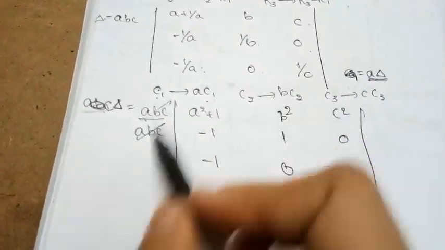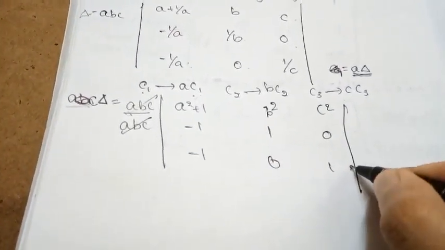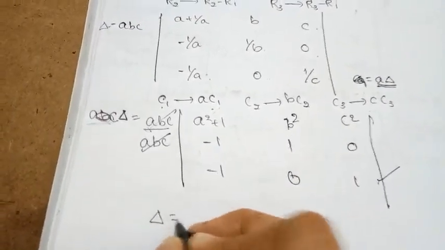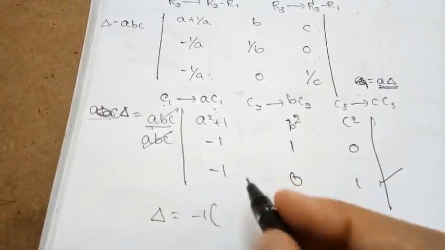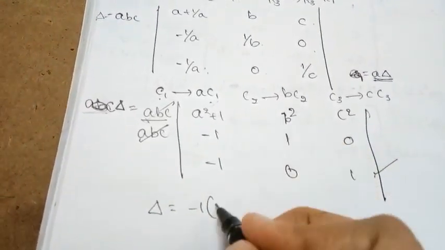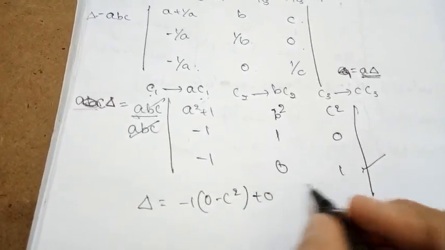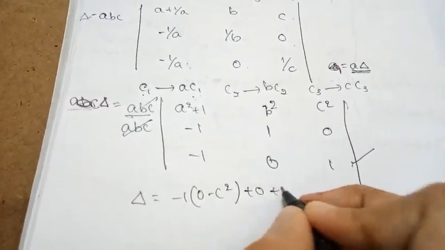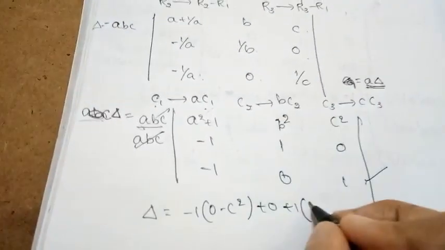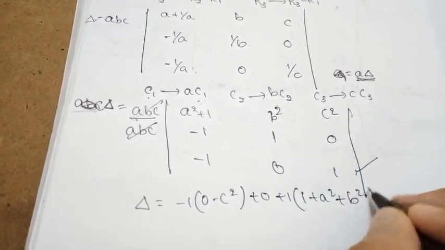Now here I am expanding this determinant along R3. So what happens? Delta is equal to minus 1, deleting this row and this column, 0 minus c square, plus 0; here again plus 1, deleting this row and this column, what remains is 1 plus a square, minus into minus plus b square.